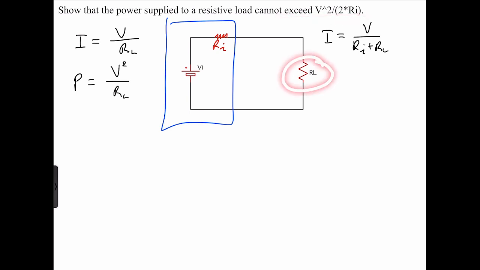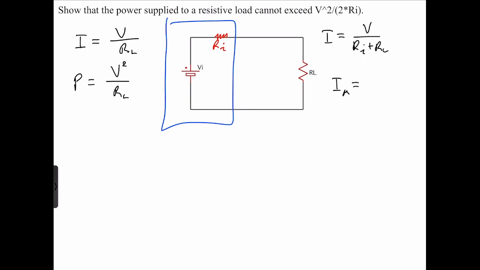So I want to find at what value of RL there will be a maximum power condition. As RL goes to 0, less resistance, more current, we'll see that we have a maximum current condition.